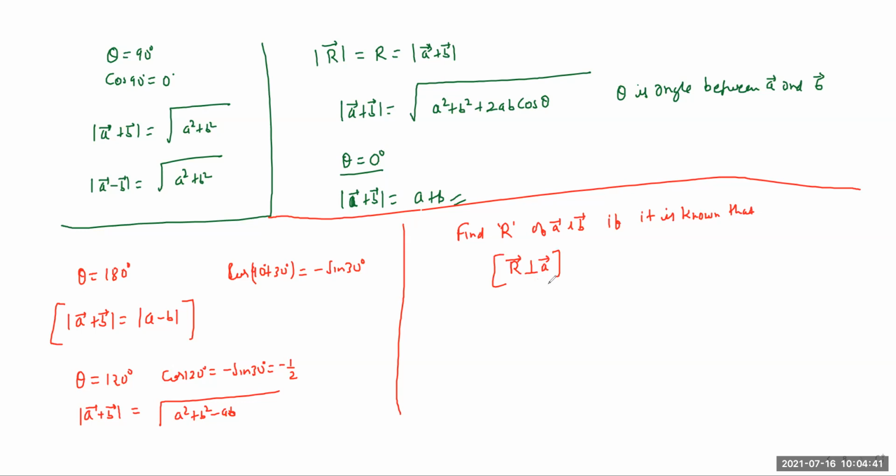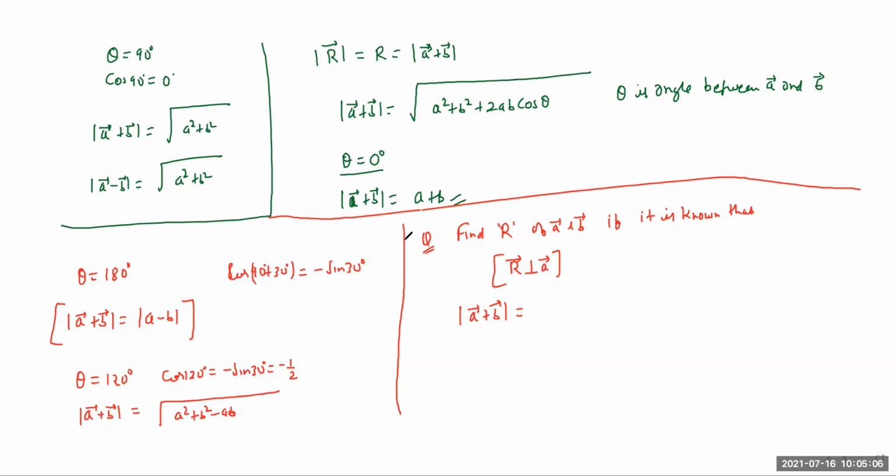Now this is information, and from here you have to do the reverse engineering to get theta, and from there you can get the answer for mod of A. So can you tell me this answer? Practice and do some calculation and tell me the answer. Maybe geometrically it's very easy, but if you want to do it mathematically, you can do it. I will show you both the methods.